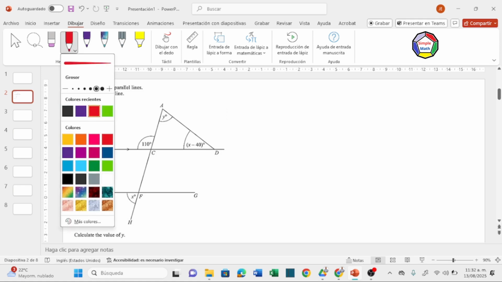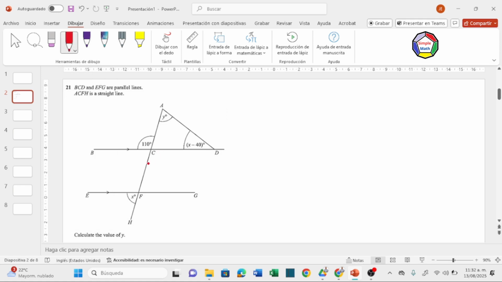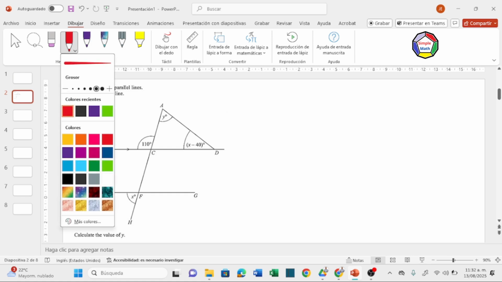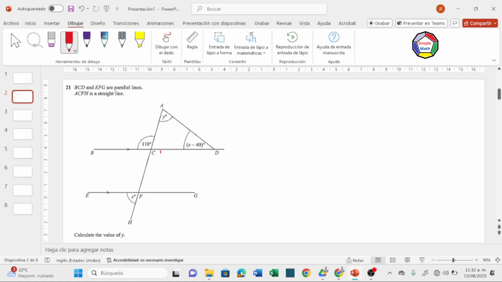So I'm going to start marking that. Yes, this angle is also 110 degrees, because these two angles are vertical. If this is 110, that means this angle is also 110.